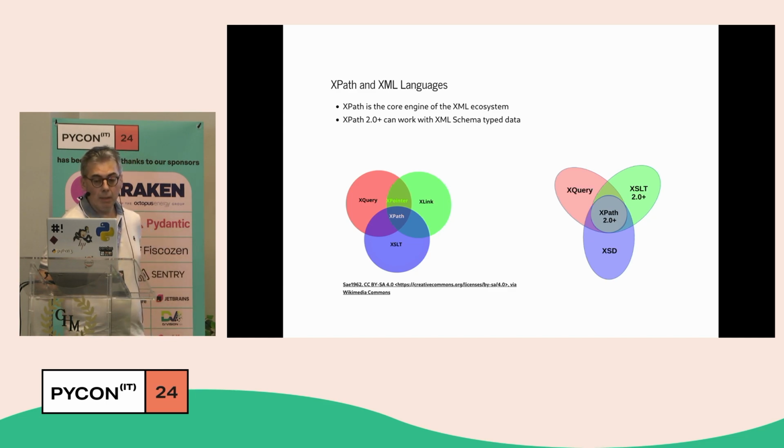On the right, after XPath 2.0 and the next implementations, the graph shows where XLink has been replaced by XML Schema. XPath is still the core of the processing of these languages.